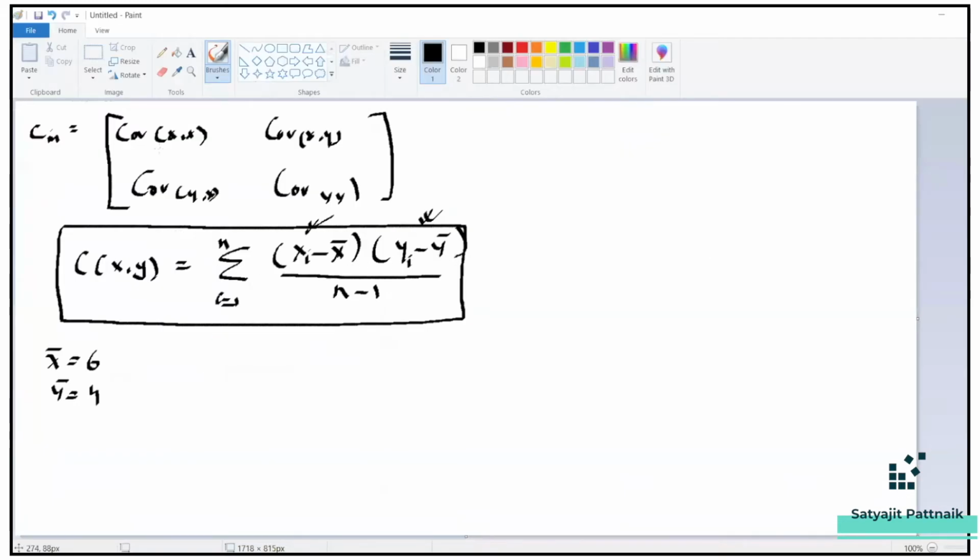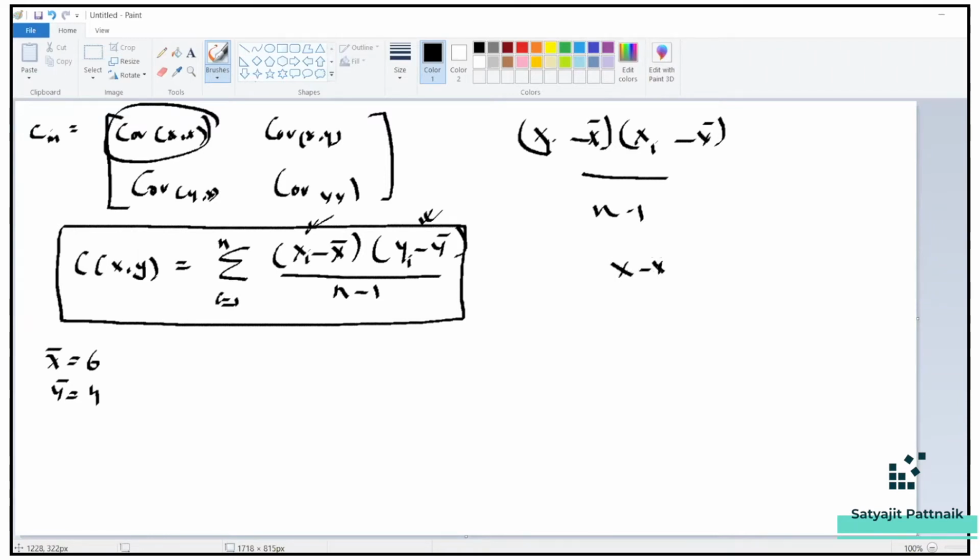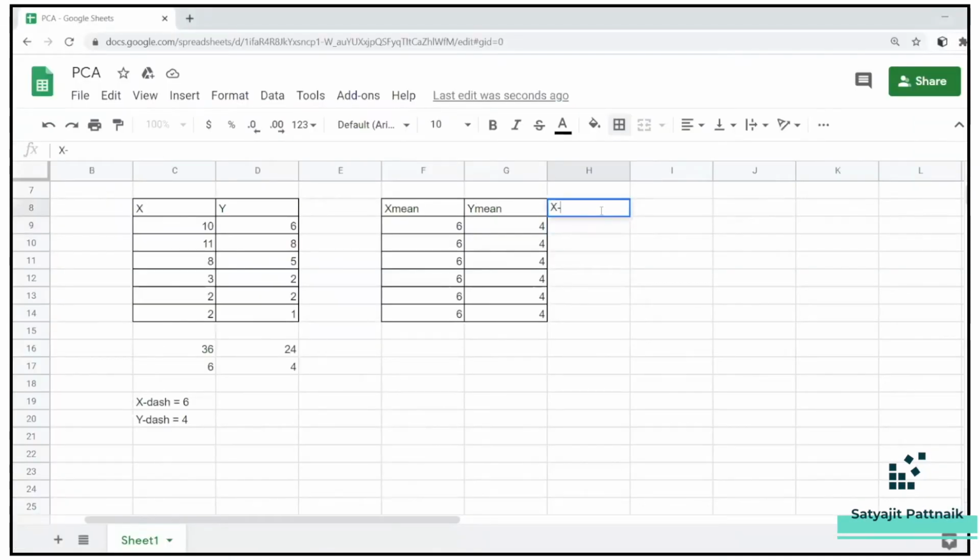So our next formula, the covariance of x and x, will be xi minus x dash, y replaced by x only, divided by n minus 1. That's basically the summation of (x minus x dash) square by n minus 1. Okay, so let's create x minus x mean, and another will be y minus y mean. Let's consider this as a, this as b. This will be a into b.